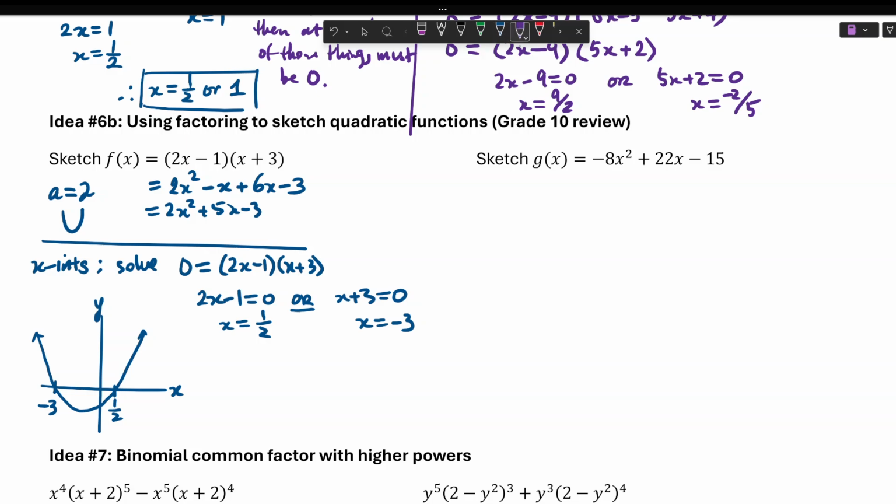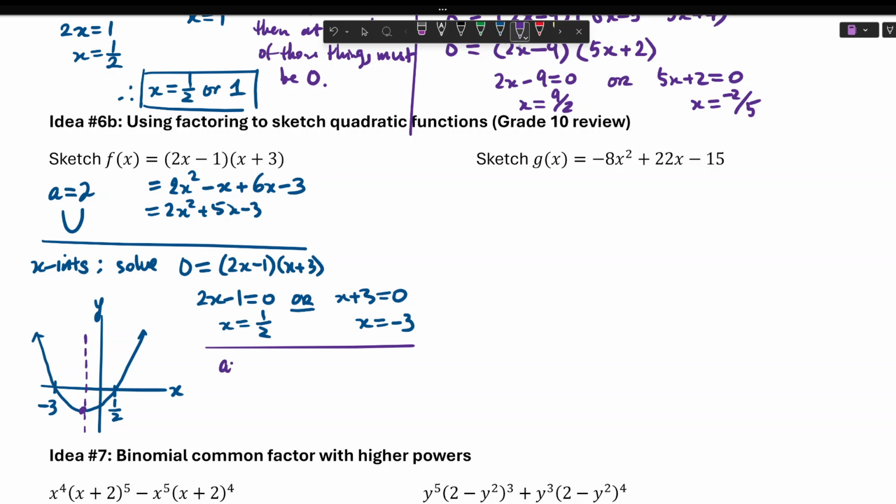Now, if you're in the position where you actually want to know exactly where the vertex is, that's pretty easy now because you know that the axis of symmetry is right in the middle of these two zeros.